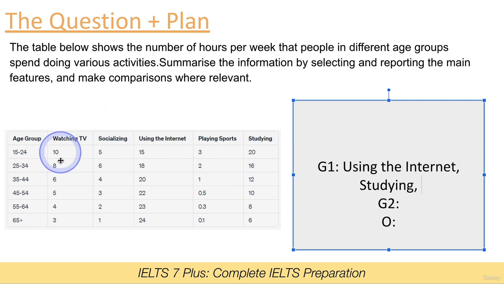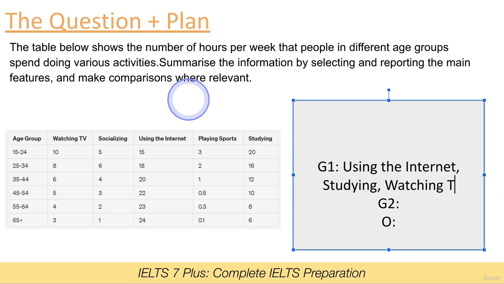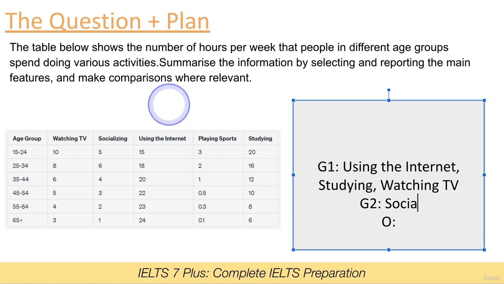TV, ooh, it could go in either group. I think maybe we'll put it in the first group. There we go. Watching TV. So then we'll compare this group with the second group, which are lower in hours.